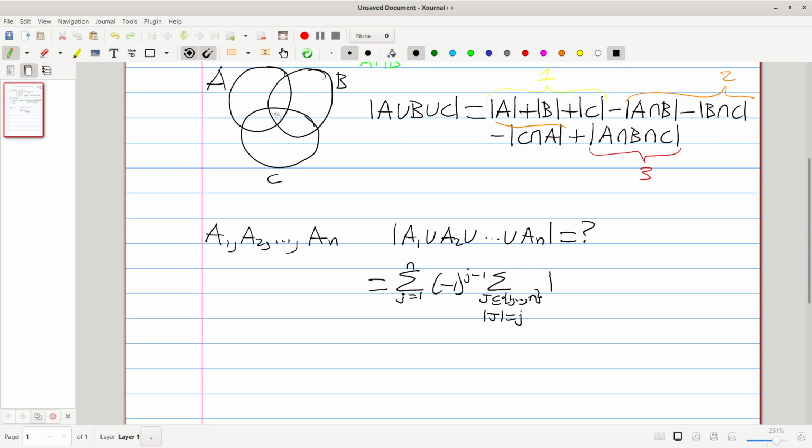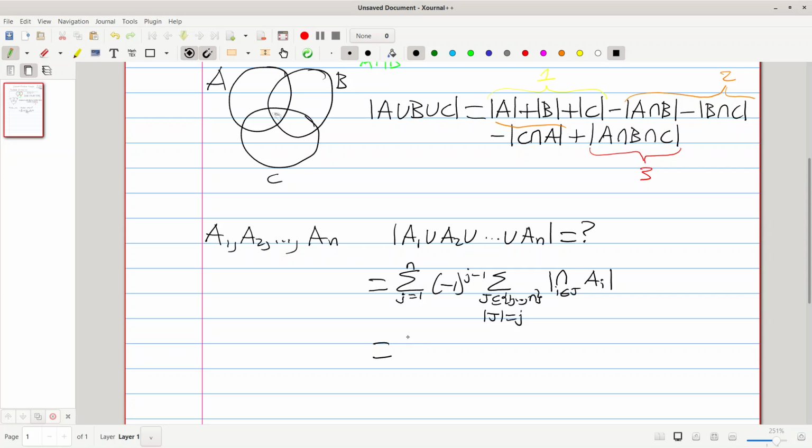And here I have the intersection of all the elements of J, A_i. Okay, if you don't know sigma notation, it's a good thing to learn at some point. But if you do know it, see if you can understand this formula that I wrote over here.